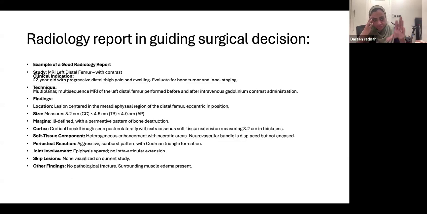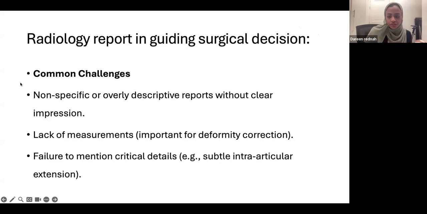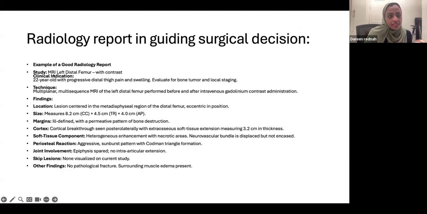Sorry, this slide is impacted, but I want to give an example of a good radiology report. The study here is an MRI left distal femur with contrast.